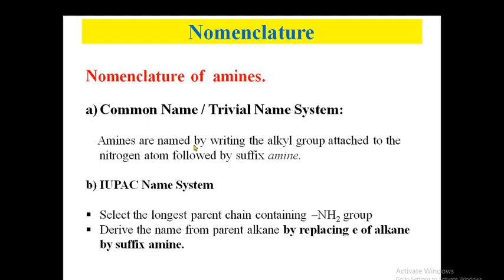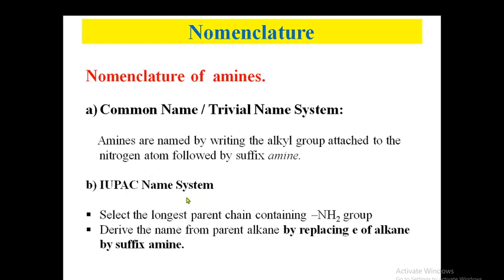Let's see the nomenclature of amines. Nomenclature of amines usually consists of two parts, common name and IUPAC name system. Usually amines are named by writing the alkyl group attached to nitrogen atom followed by the suffix amine.